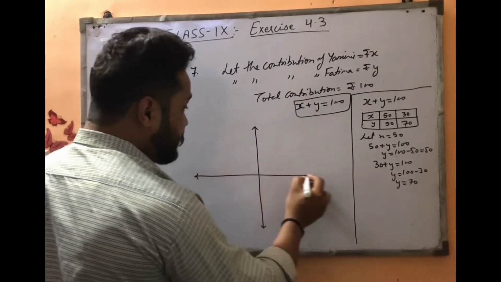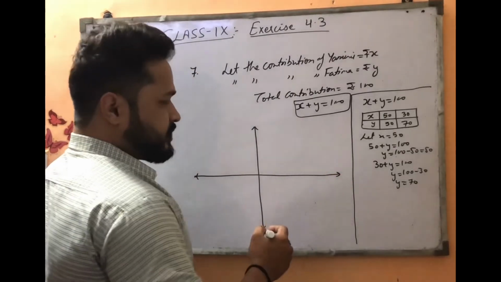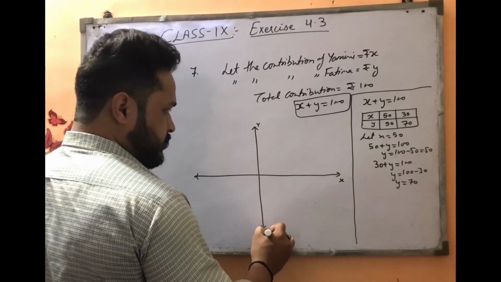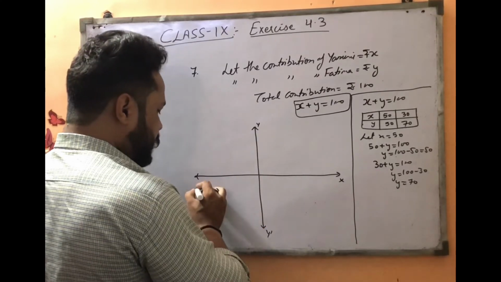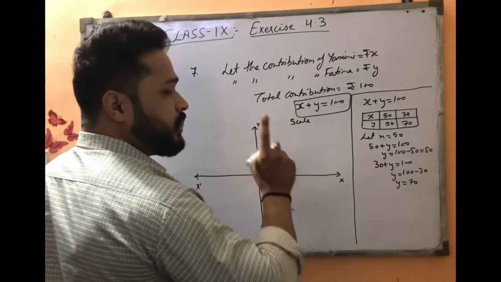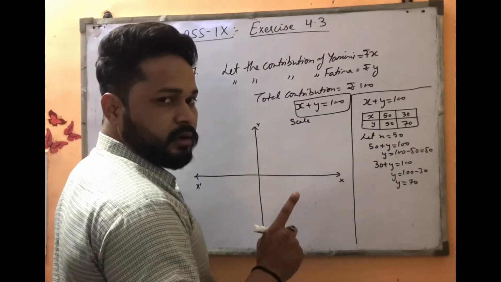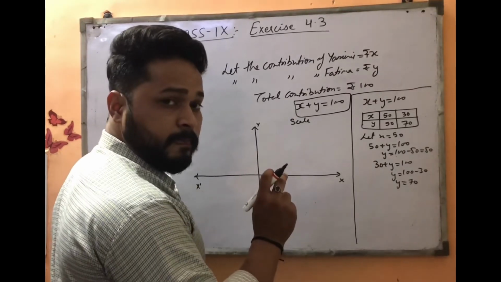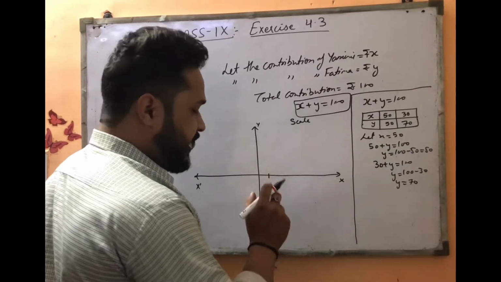So the important thing here is the units. First, you can write the scale. As we know, each box in a graph paper has a length of 1 centimeter.